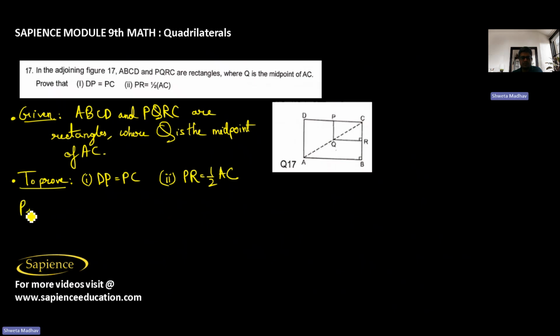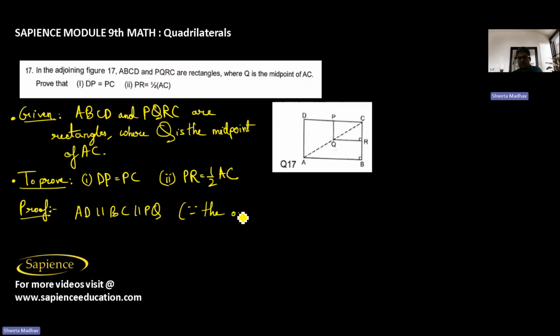So the proof is that you can see that AD is parallel to BC, which is parallel to PQ.